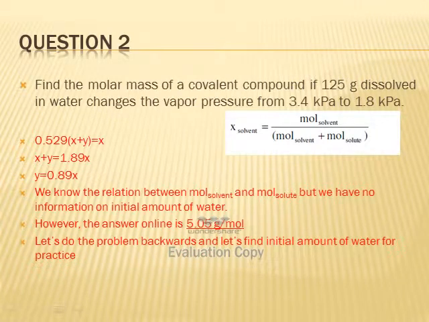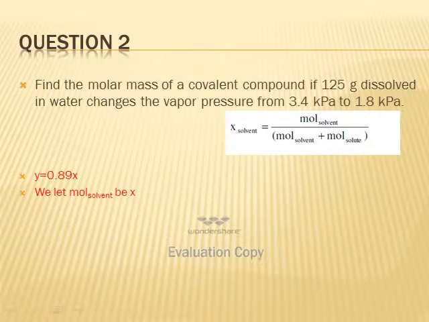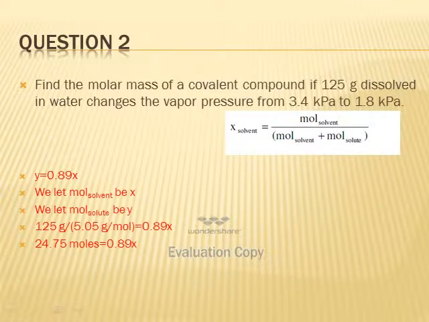So let's find out, just for practice, how much water was there initially by doing the problem backwards. Moles of solute is Y, which is 125 grams over 5.05 grams per mole. That equals 24.75 moles. So 24.75 moles equals 0.89x.